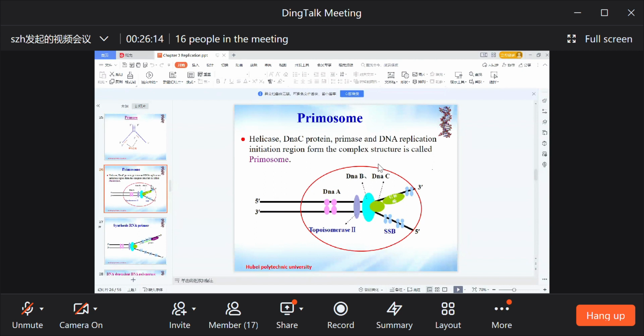What do we mean? The helicase, the topoisomerase, the SSB, the primase, and so on, together make and form the replication fork and originate the replication and begin to synthesize the primer. Sometimes in this cycle you can see this kind of complex structure formed. It is the chromosome.